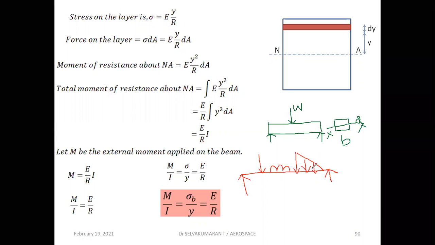That point corresponds to the maximum bending moment. So we write down the shear force expression at that location, equate it to zero, and determine the location of zero shear force. Then about the same point, we write down the bending moment expression and substitute that x value, and you will get the maximum bending moment. That maximum bending moment we substitute in place of M, so that you will get the maximum bending stress.